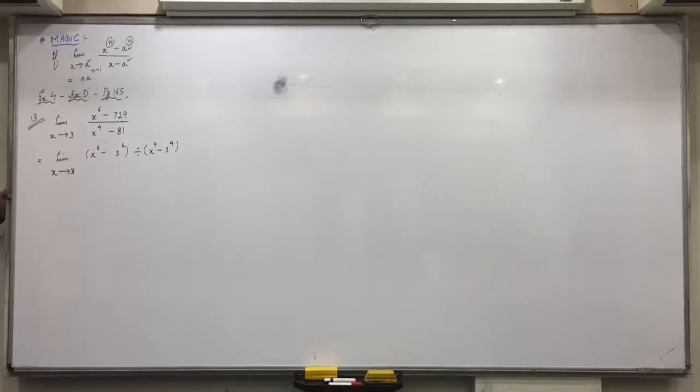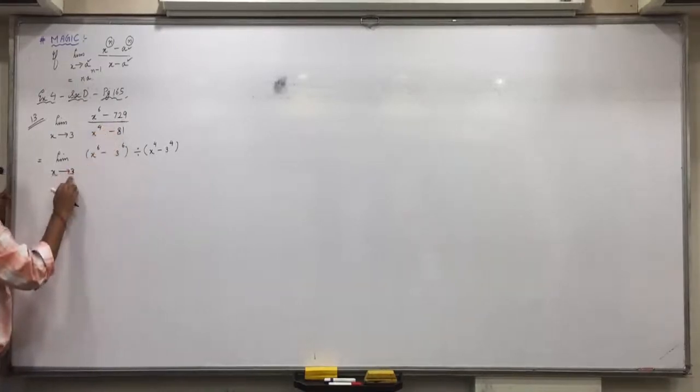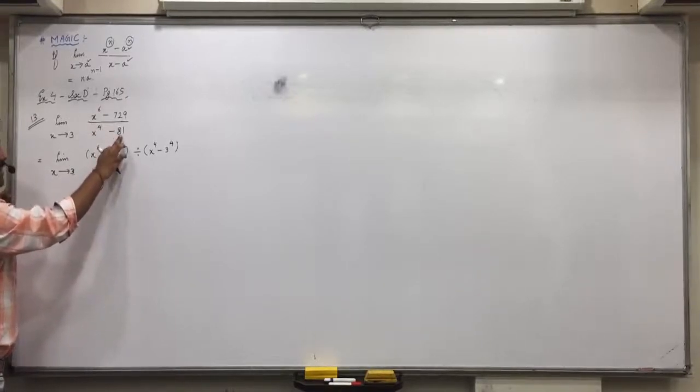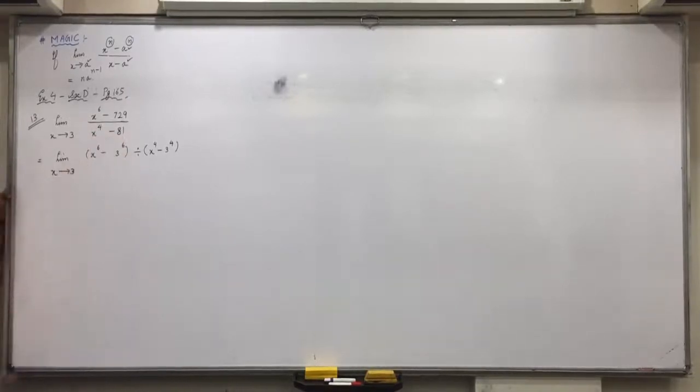Yes. Raise your hand who is not clear with this step. Straight away, 729 will become 3 raised to 6, and 81 will become 3 raised to 4. Okay? It's magic.